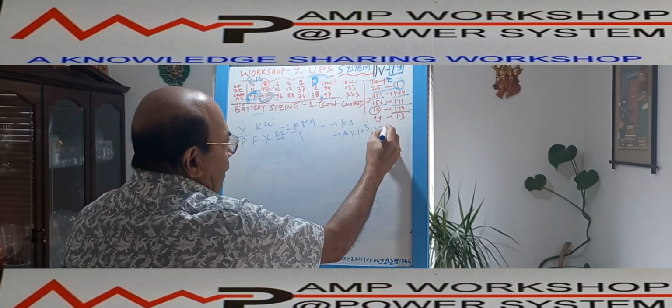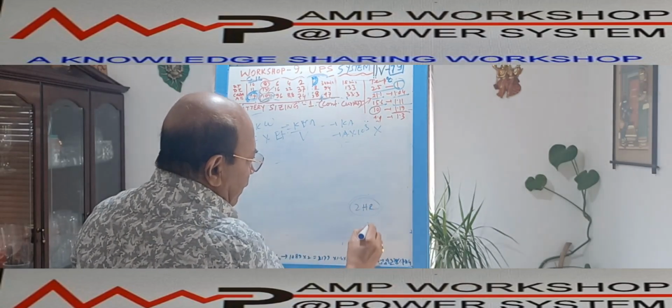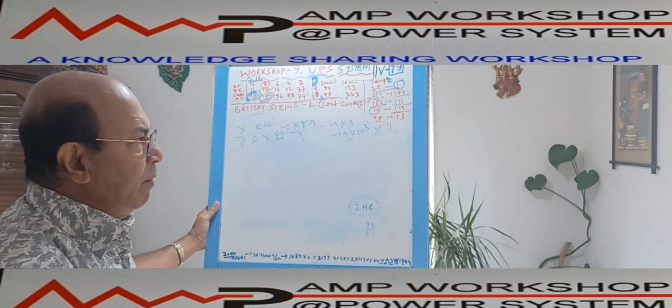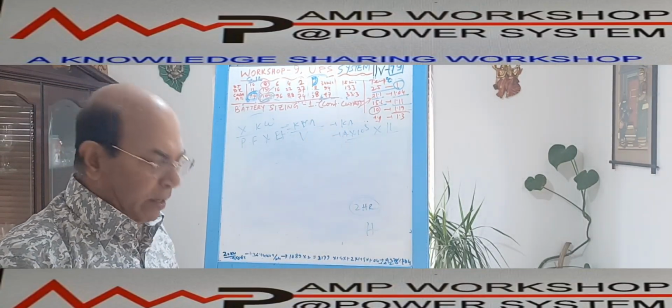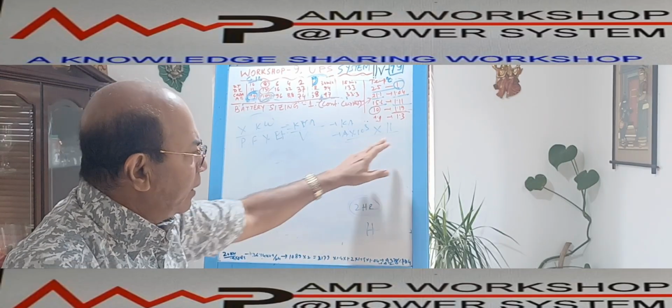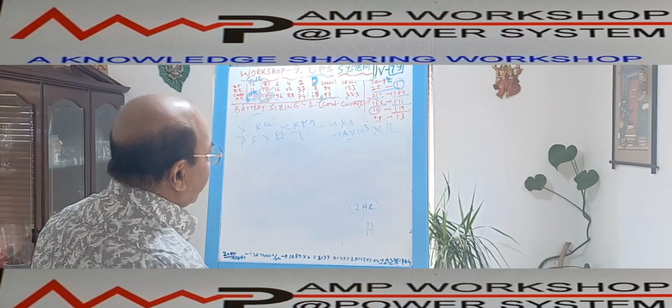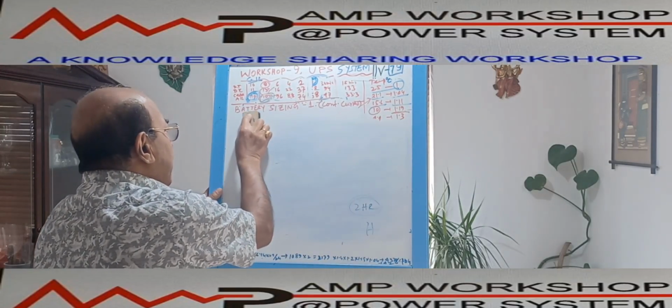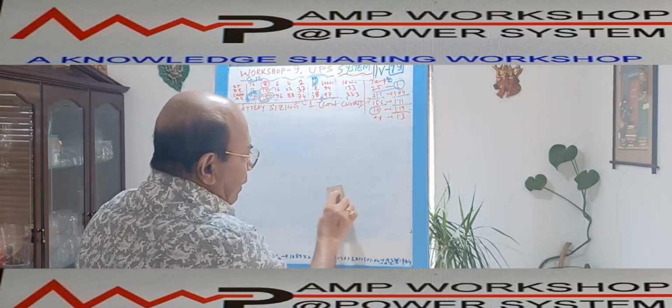That ampere multiplied by the hours, suppose H is 2 hours, gives the ampere hour of the load requirement. In this way, we calculate the load ampere hour. Once we calculate the load ampere hour, then we have to calculate the battery requirement.